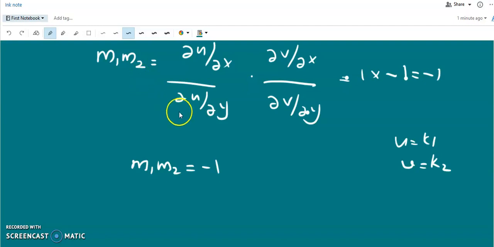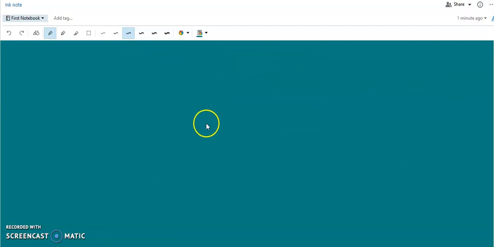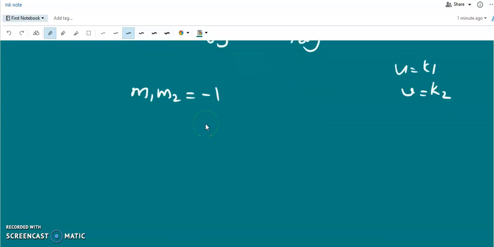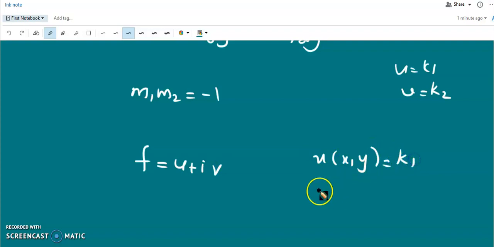So for every analytic function f equal to u plus iv, it defines two families of curves: u of xy equal to some constant k1 and v of xy equal to a constant k2. So these two families form an orthogonal system.